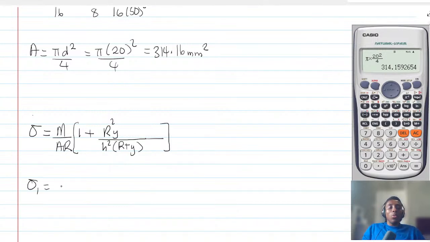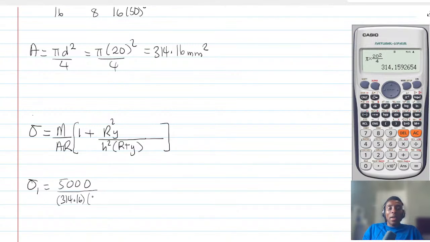So sigma 1 will be M over A, where the moment was 5,000 and the area 314.16.